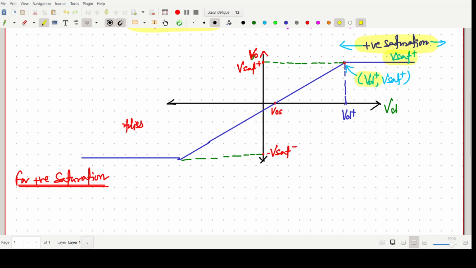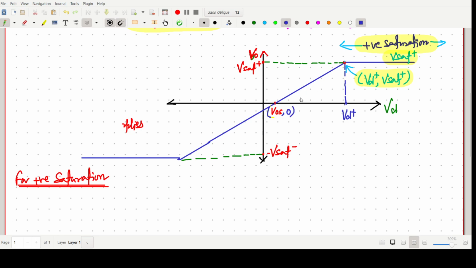So this point will be Vd plus and V sat plus, and for this other point, we can write V naught S as the x coordinate, that is Vd, and the y coordinate should be 0 on the horizontal axis.